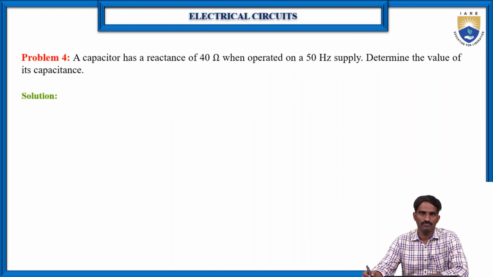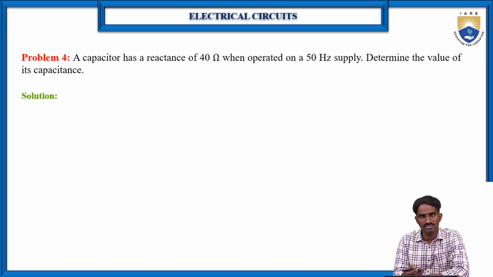Then coming to problem 4. A capacitor has a reactance of 40 ohms when operated on a 50 Hz supply frequency. Determine the value of the capacitance. Of course, again for this also the same equation. Here the given capacitor has a reactance, which means Xc is equal to 40 ohms, that is the given, and F is equal to 50 Hz.